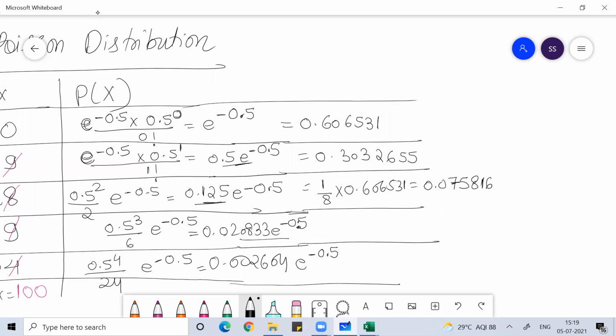Now here you can use a calculator to find the value: 0.020833 into 0.606531.